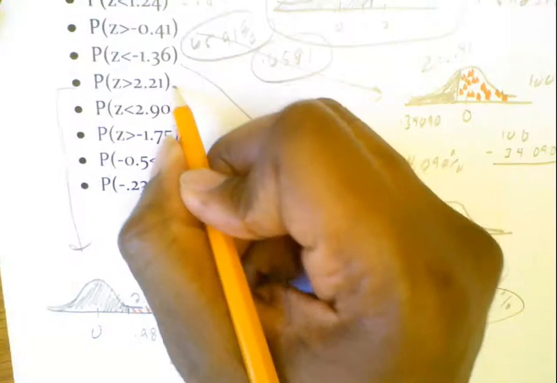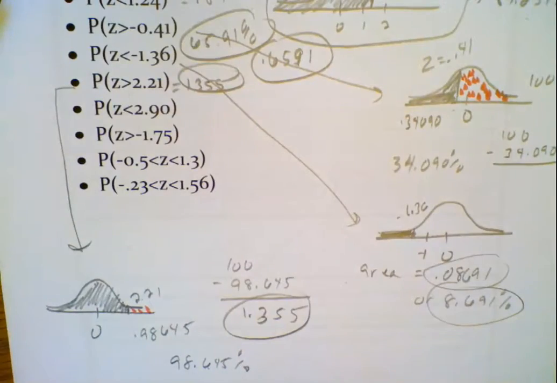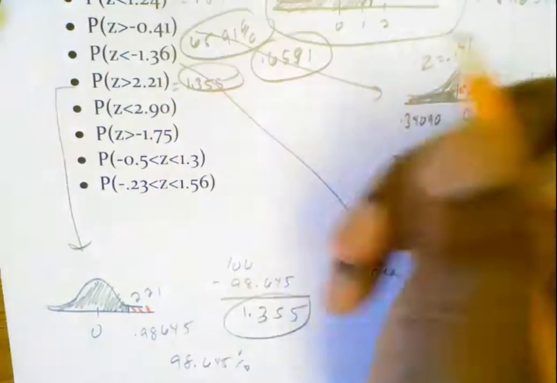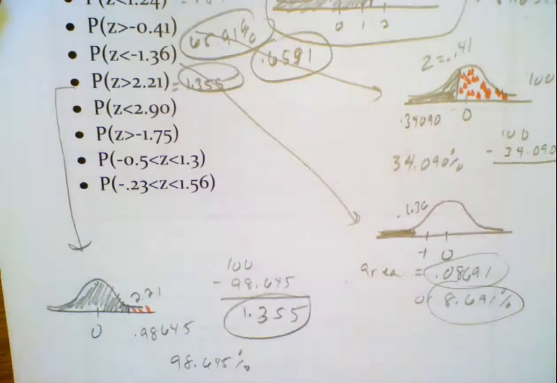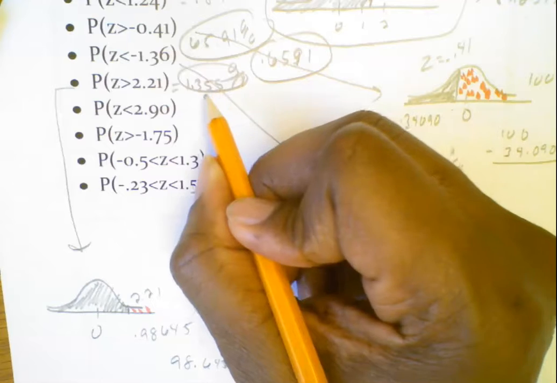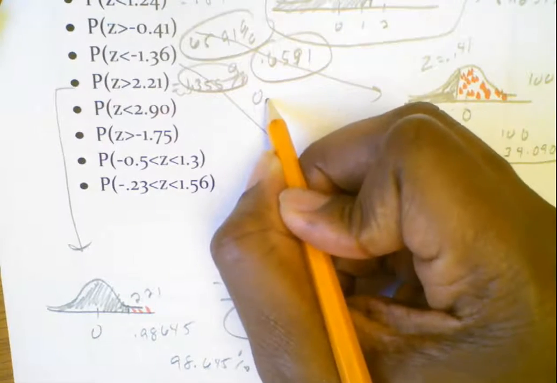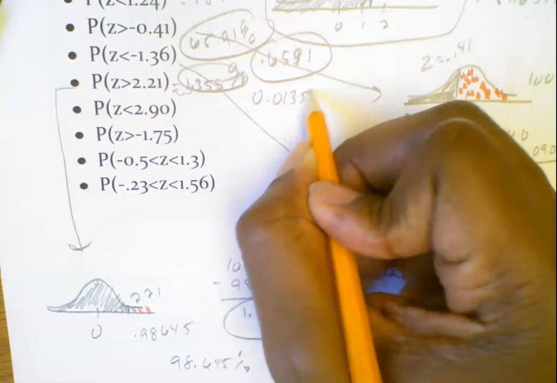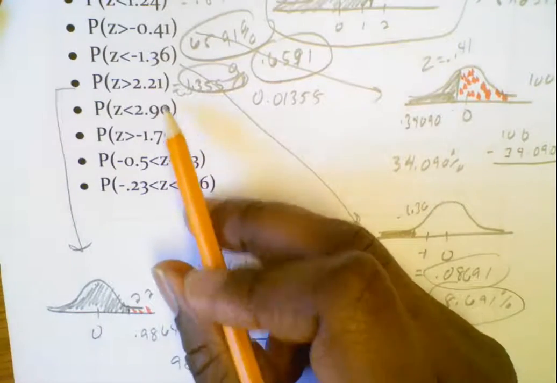So this answer is 1.355. Again, that's percent. Keep that in mind. Or as a decimal, that would be over twice. So 0.01355 as a decimal.